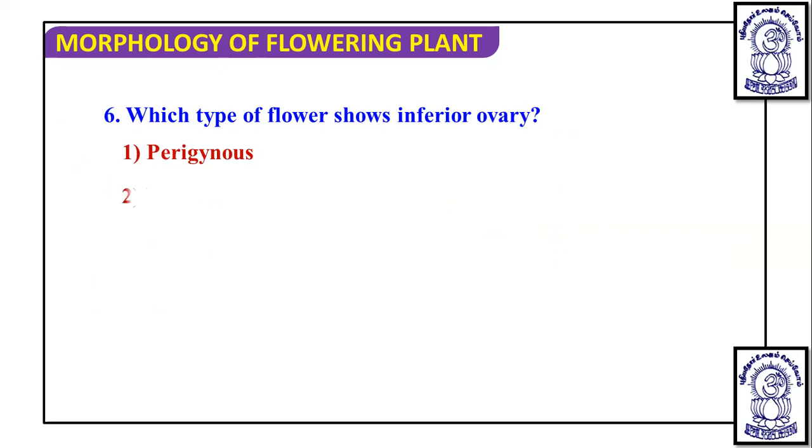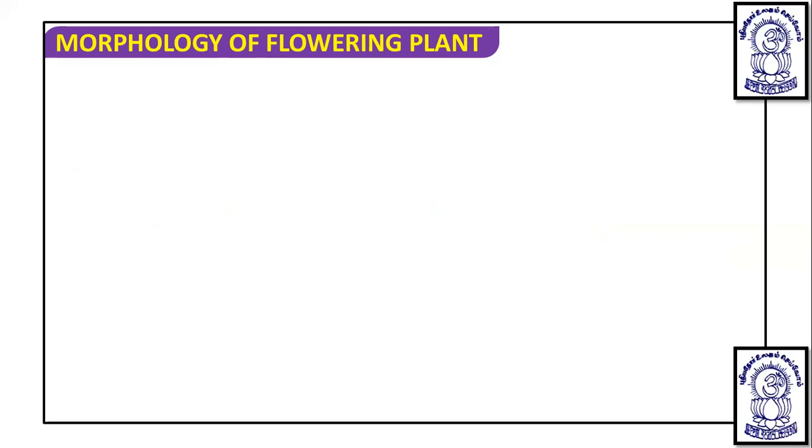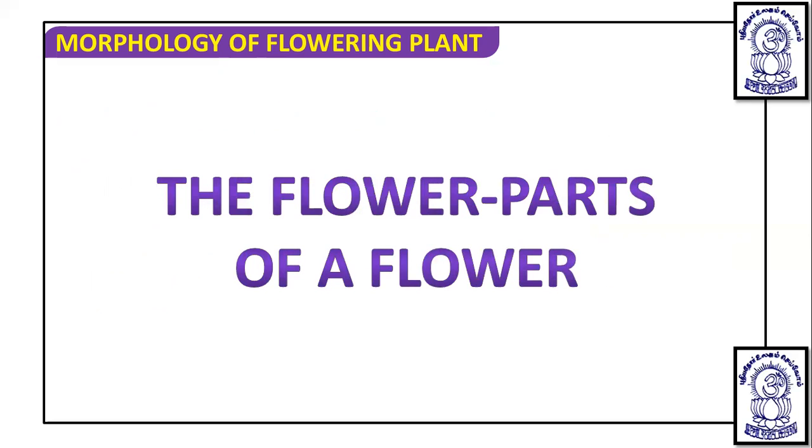Just as we have discussed, perigynous and epigynous flowers show the inferior ovary, and epigynous flowers are the flowers in which all the other 3 floral parts apart from the ovary originate above the ovary. This epigynous flower is seen in the case of guava, apple, cucumber, and the ray floret of the sunflower. Okay, so this is up to the types of flower based on the position of ovary, merosity, and symmetry. Those 3 things we have discussed now.